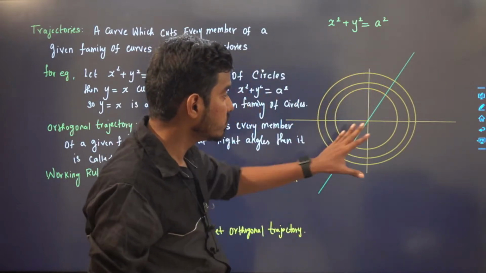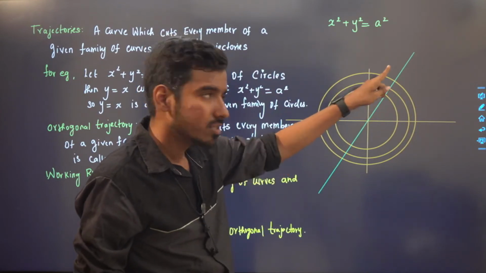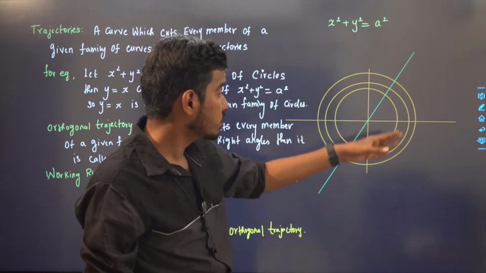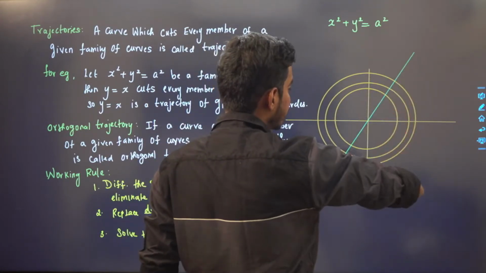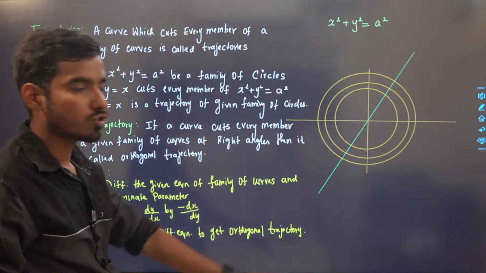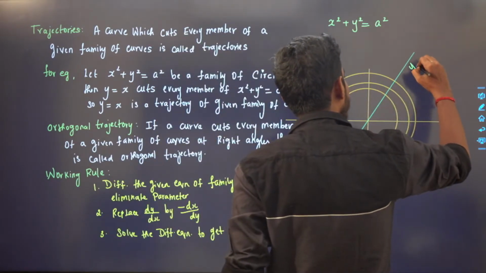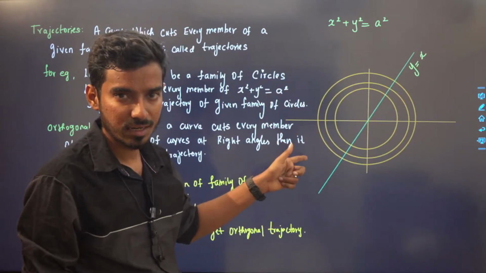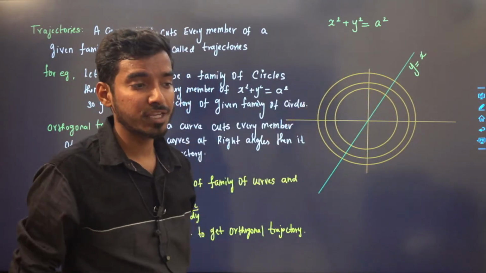This will go on and on. For example, I have drawn only 3 circles. If a is equal to 4, we will have another circle, and if a is equal to 5, we will have another circle. For this family of circles, you can see the line y is equal to x cuts every member of the given family of curves. Therefore, y is equal to x is called a trajectory for x square plus y square is equal to a square.